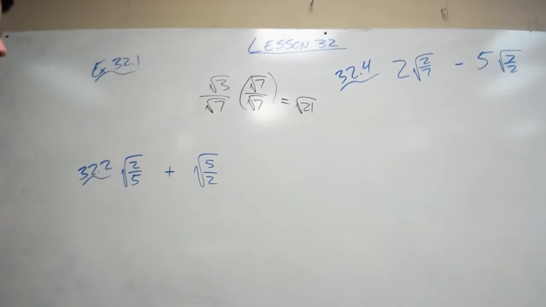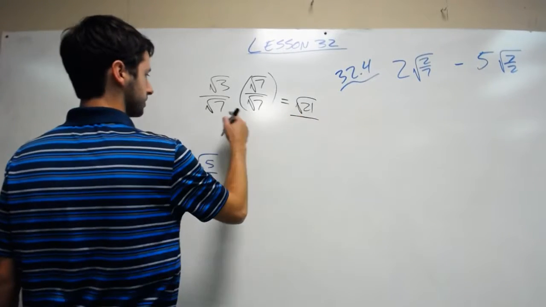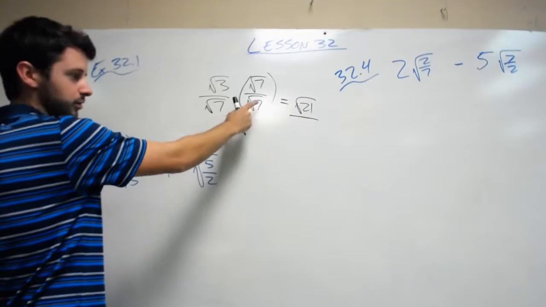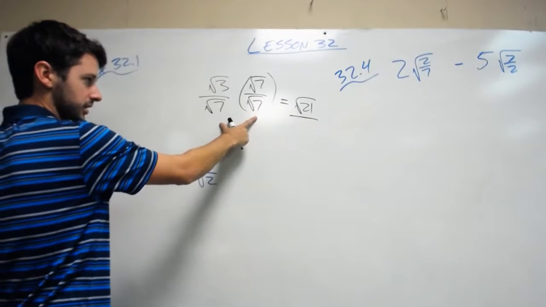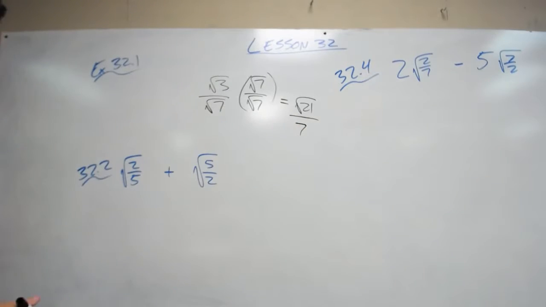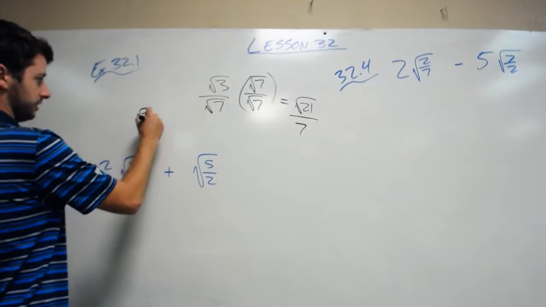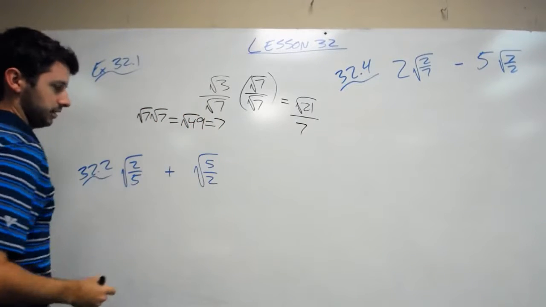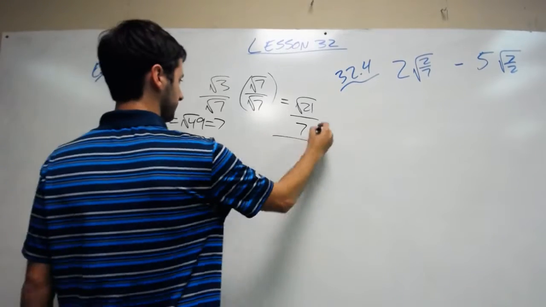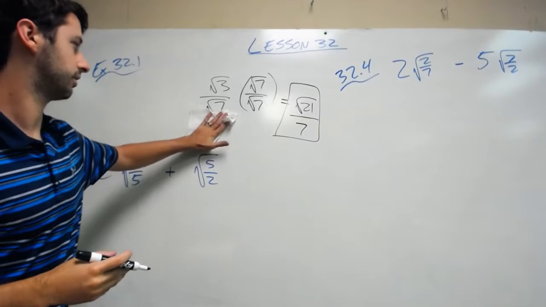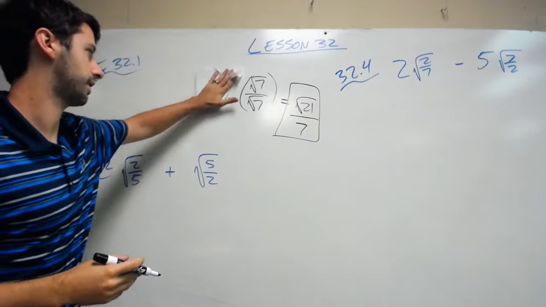And then on the bottom, we get square root of 7 times square root of 7. We've talked about how if you have two of the same square roots, it comes out to be just that number. If you remember, square root of 7 times square root of 7 is square root of 49, which equals 7. So this right here would be your answer: square root of 21 over 7. That's all you have to do when solving these quotient radical problems.